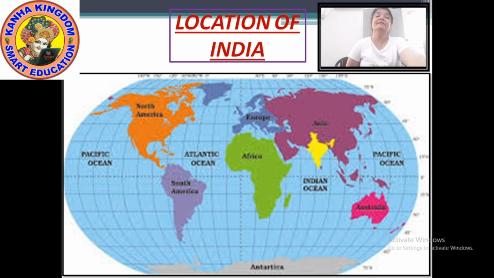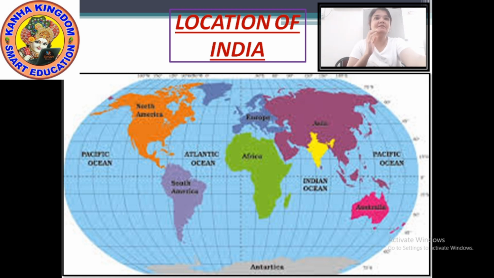Then the green part, that is Africa. Beside Africa, it is Asia, the one which is in the dark purple color. Between Africa and Asia, you can see Europe. And the one which is in the pink color, the smaller one in the southern hemisphere, that is Australia.